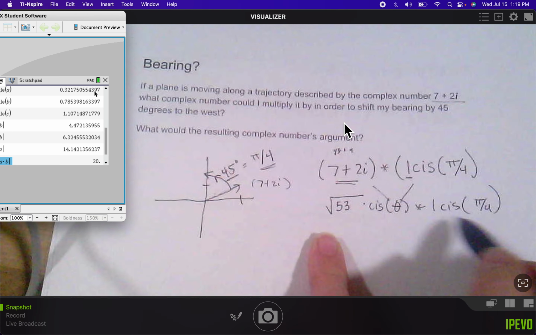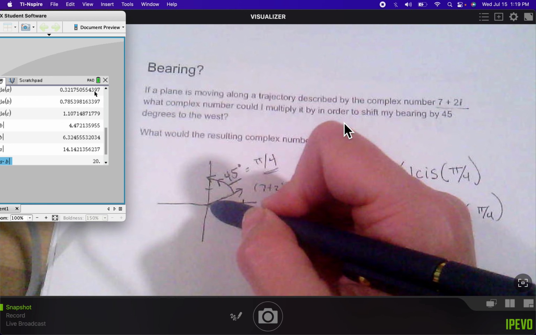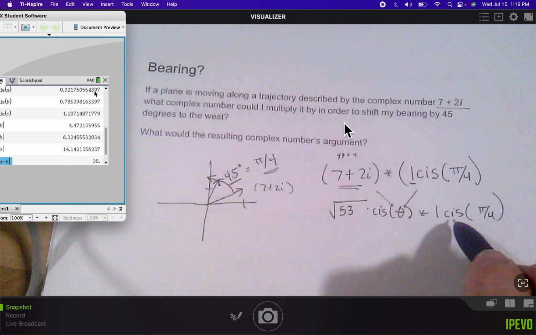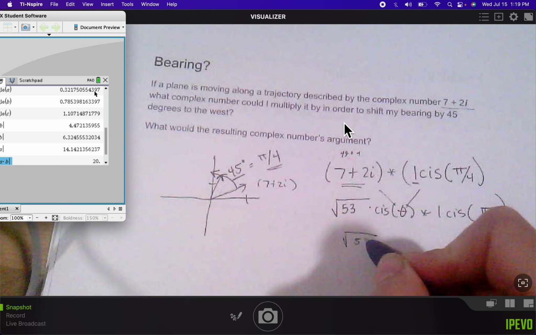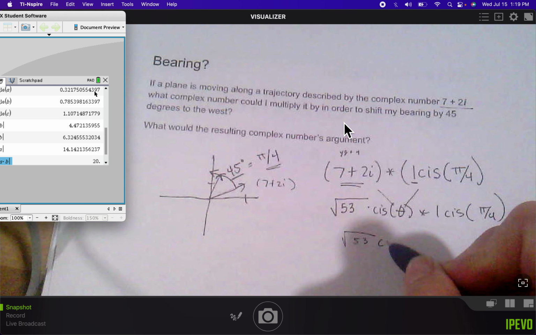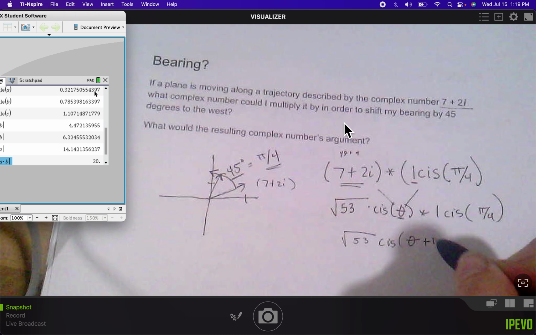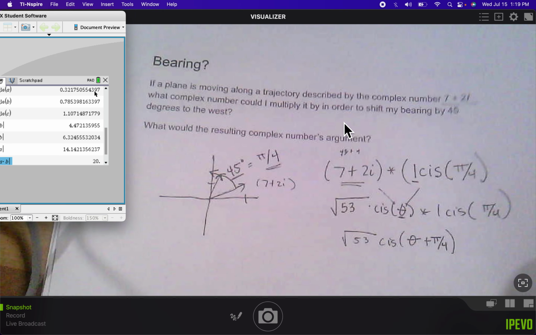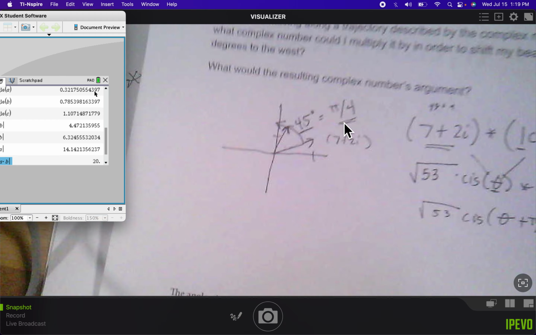So our new trajectory we would want to go along would be the same magnitude, same modulus, root 53 cis, and then whatever your original bearing was plus pi over 4, because that's the same as 45 degrees. So that's one application you could look at.